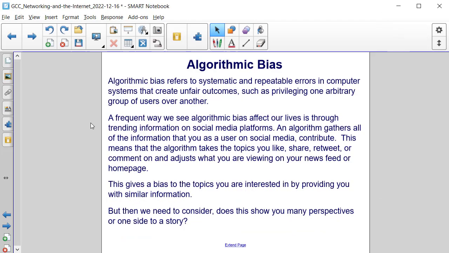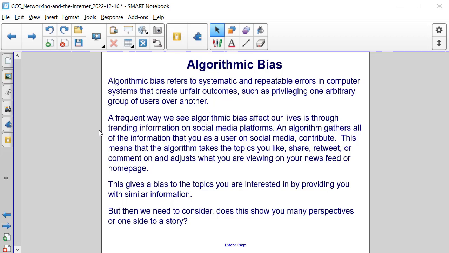Algorithmic bias refers to systematic and repeatable errors in computer systems that create unfair outcomes, such as privileging one arbitrary group of users over another. A frequent way to see algorithmic bias affect our lives is through trending information on social media platforms. An algorithm gathers all of the information that you as a user on social media contribute.